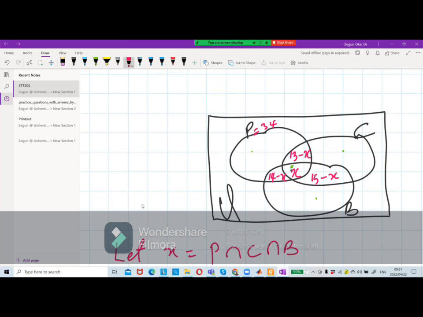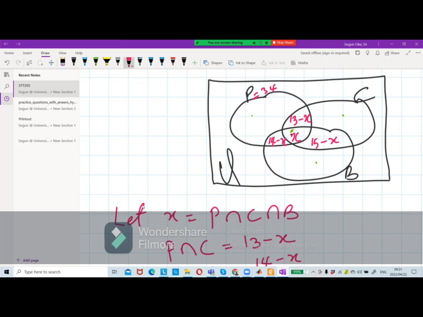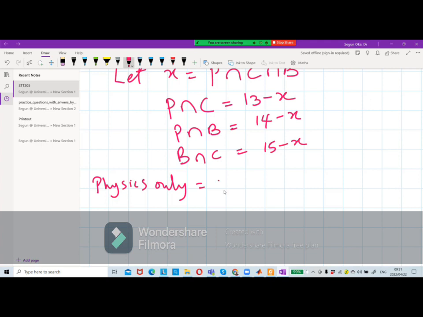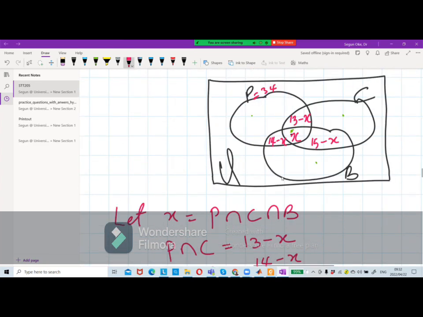At the point of physics equals 34, everything inside the physics will be added together, and we'll now deduct it from 34. That will now be 34 minus, open the big bracket. Elements in there, let me draw, we have 13 minus X.